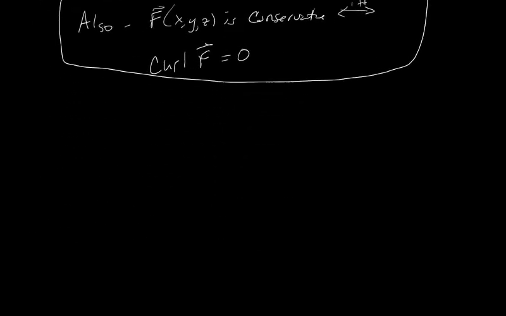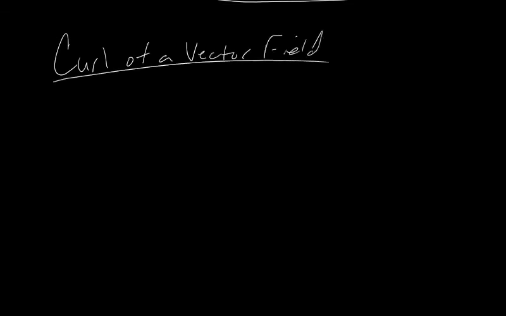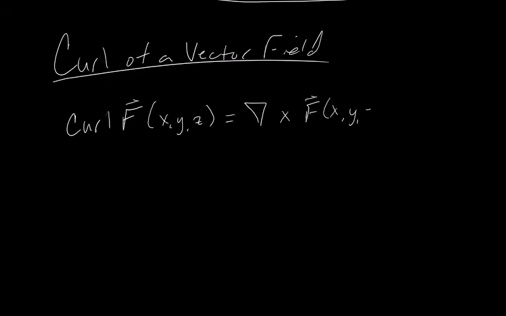Okay, so let's go ahead now and define the curl of our vector field. The curl of f of x, y, z is equal to the differential operator crossed with f of x, y, z. And what that is, it's exactly this. We are going to get the partial of p with respect to y minus the partial of n with respect to z.